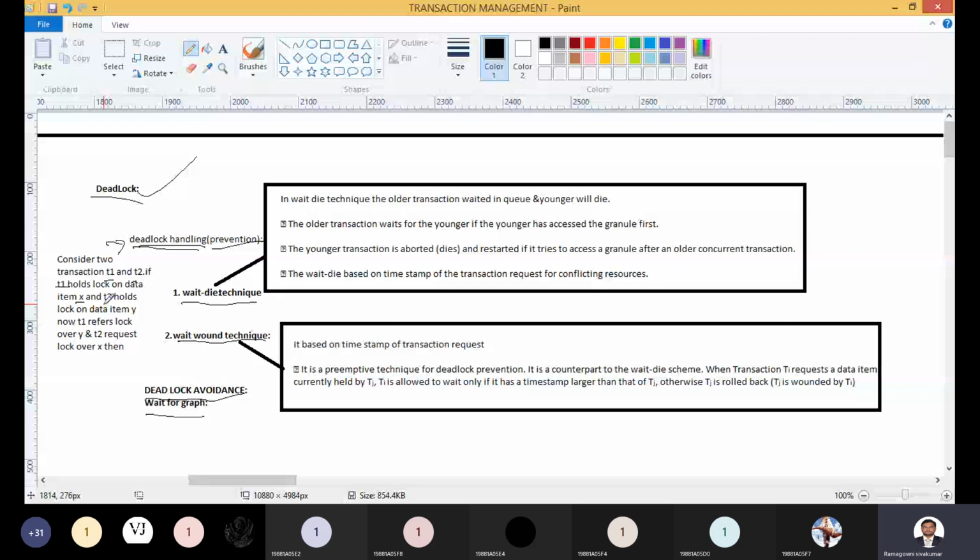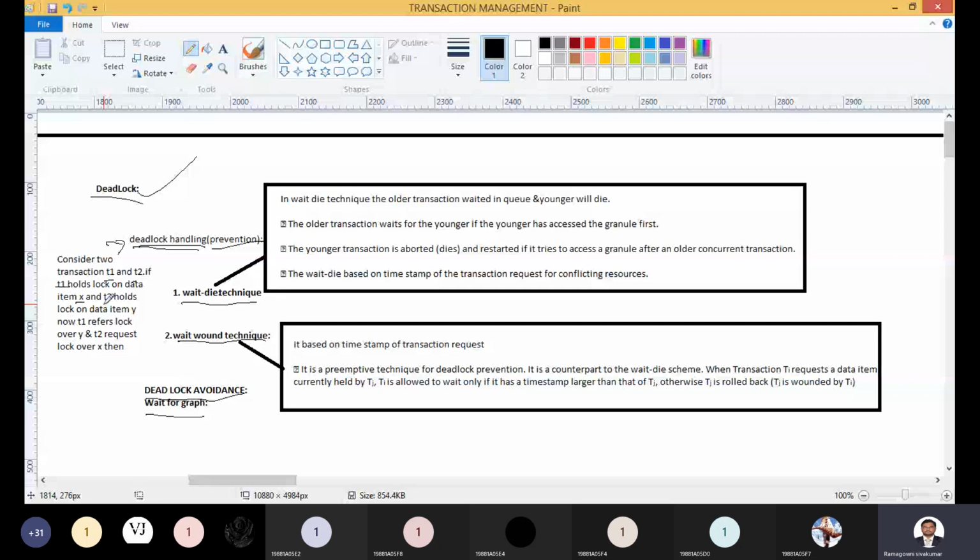Here T1 will wait in the queue, so T1 is in the waiting state.